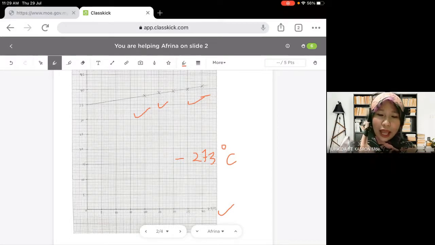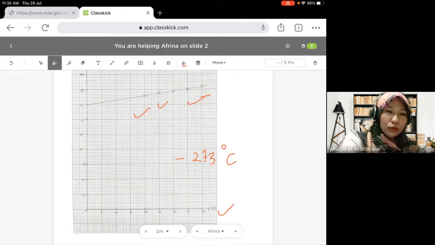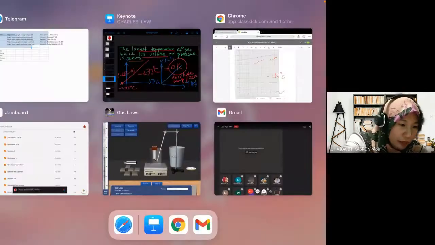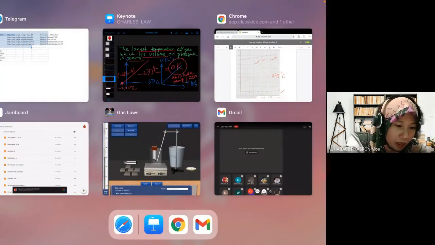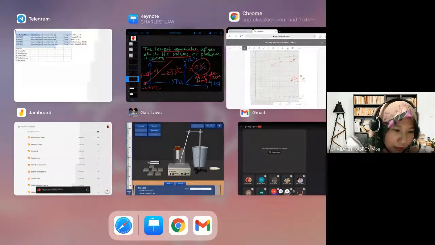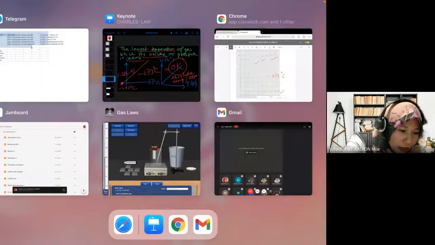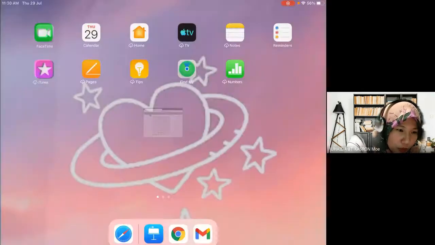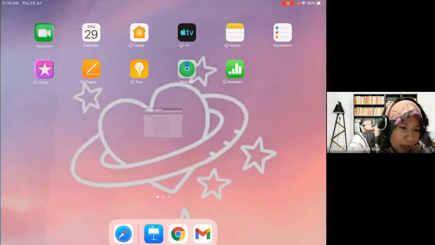Then you open the app Physics Studio, find the properties of matter and try to answer box 1 and box 2. I will share it with you. Hold on. Where is it? Physics Studio, where is it?